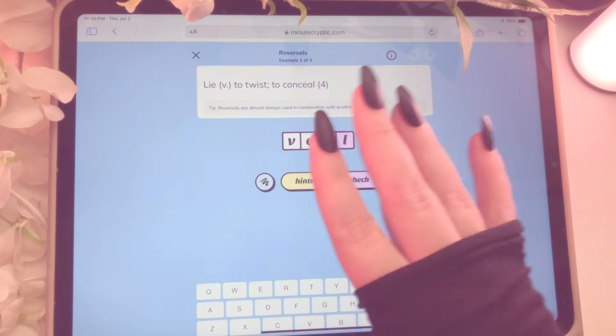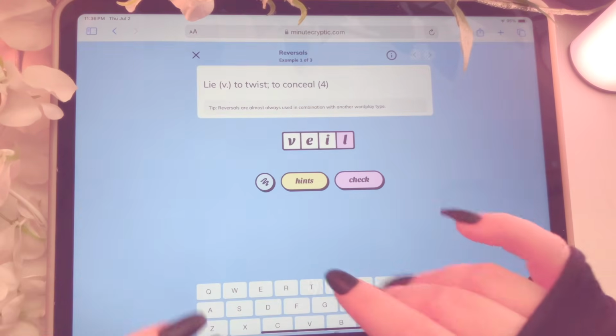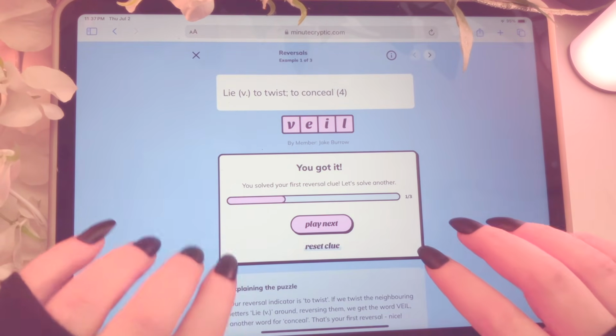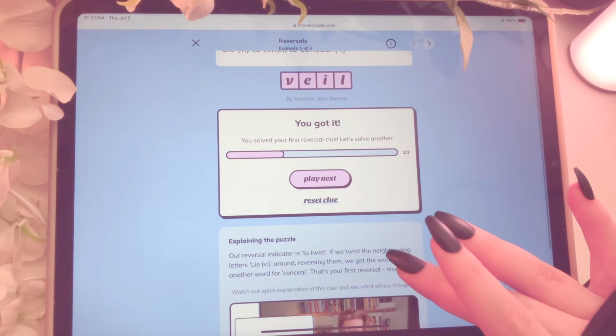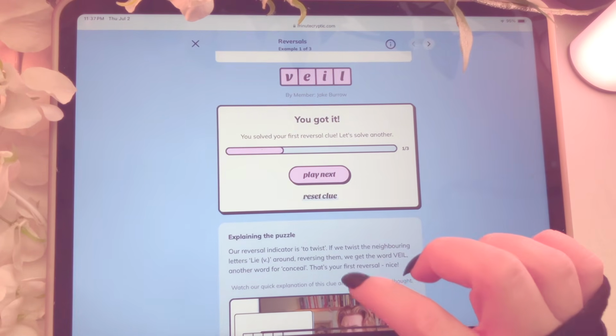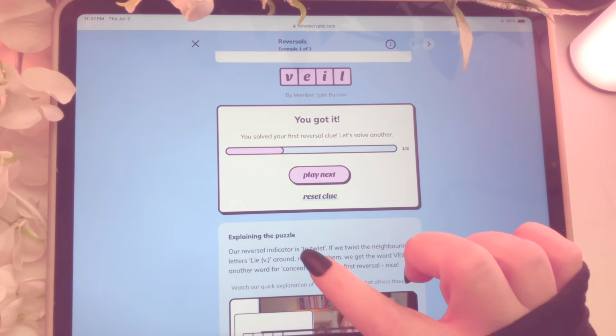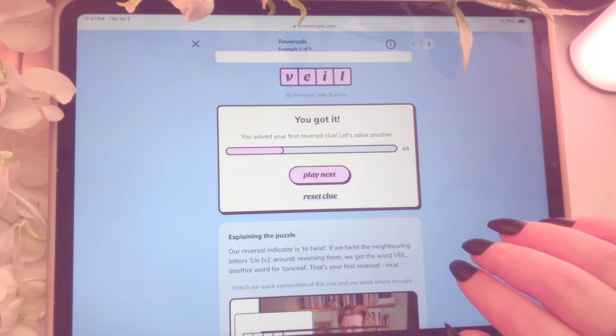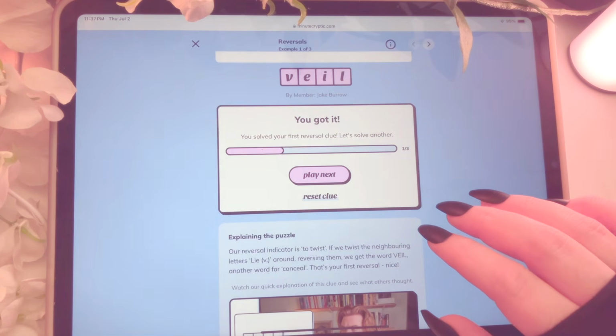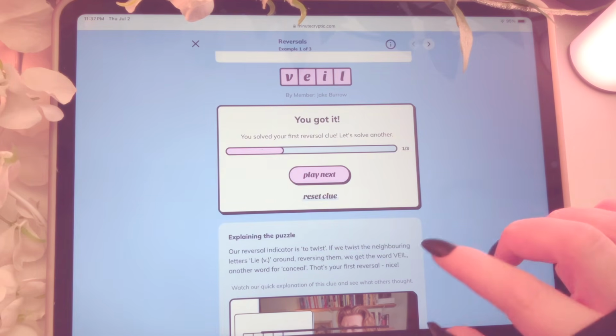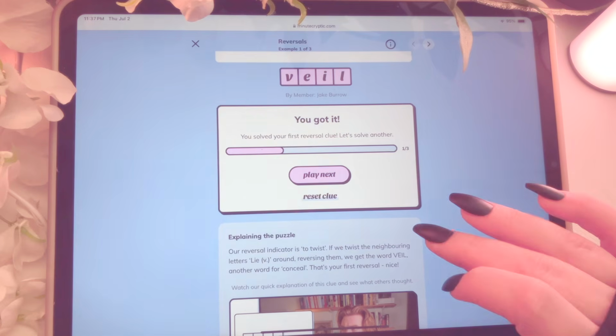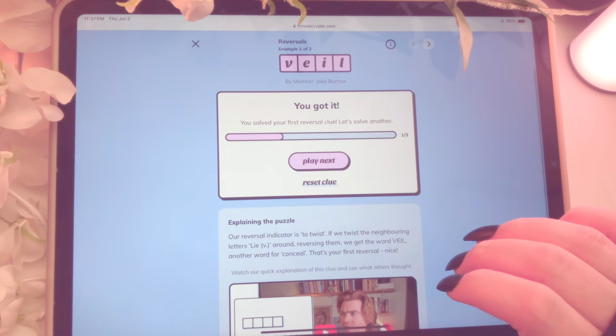Veil, meaning to conceal. Yes, we got it. Our reversal indicator is to twist. If we twist the neighboring letters lie, parentheses V, around, reversing them, we get the word veil, another word for conceal.